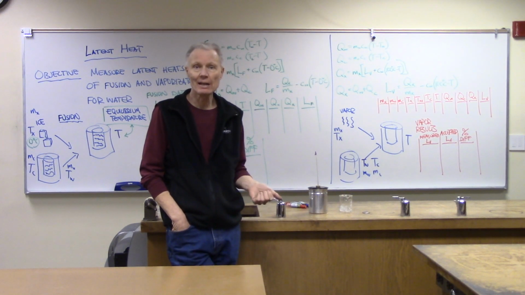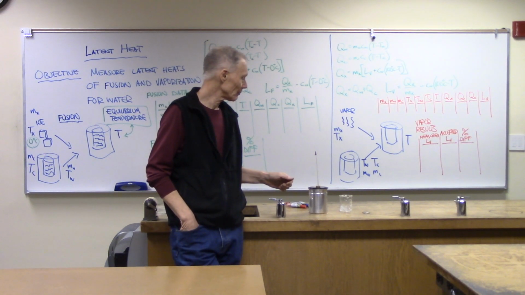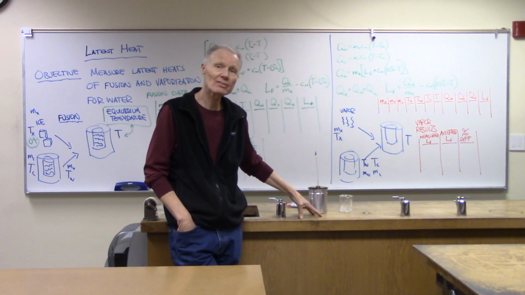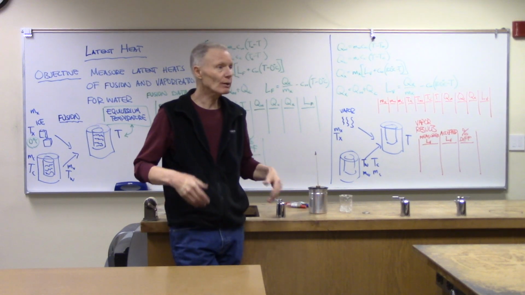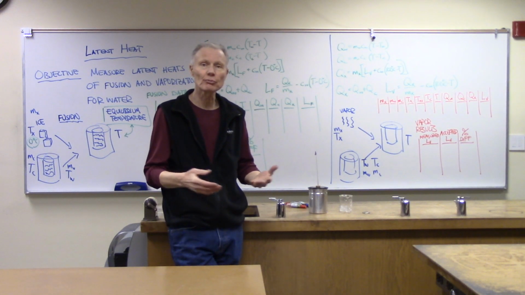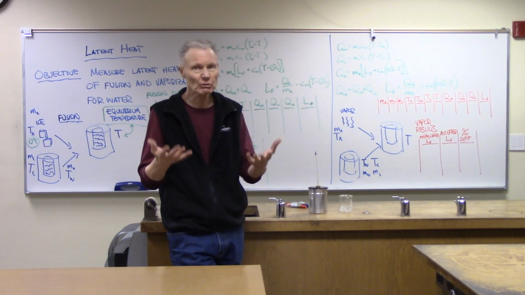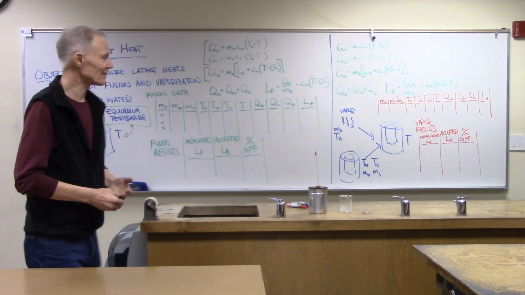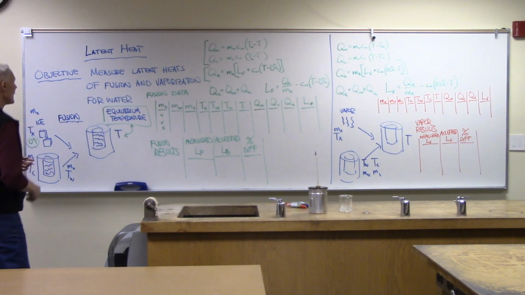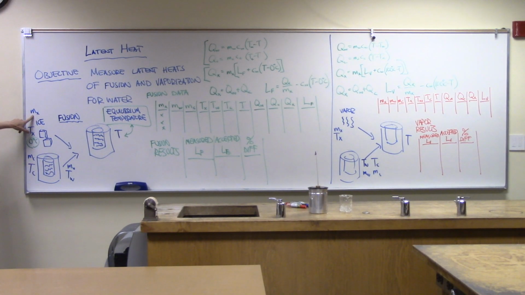And then at the end of the run, I can go back and measure how much the mass has gone up. So however much mass has increased for the calorimeter with the water inside of it, how much additional water I have, that's going to be the mass of my ice. And so that's a number that we're going to need to come up with, but it's going to take some subtractions to do that.